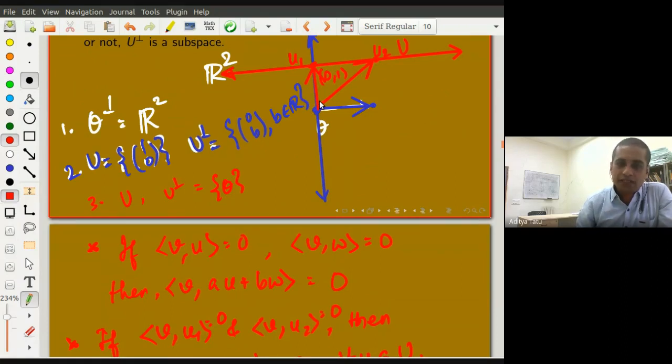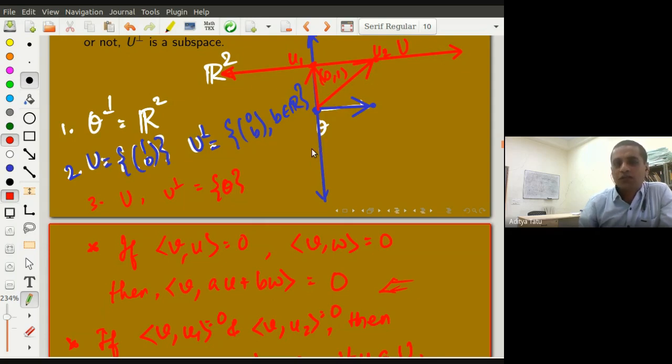If there is some vector which is orthogonal to both U1 and U2, we just saw that it has to be orthogonal to any linear combination of these two vectors, right? But any linear combination of U1 and U2 is going to give you any vector in R2. So if there is a vector which is orthogonal to U1 and U2, it has to be orthogonal to the entire R2. So the only vector which is orthogonal to all of R2 is 0 or theta.